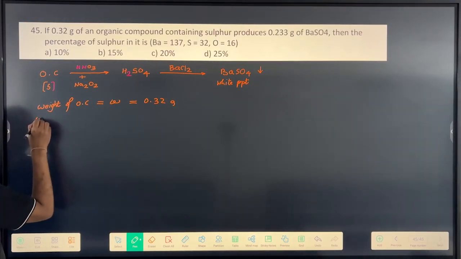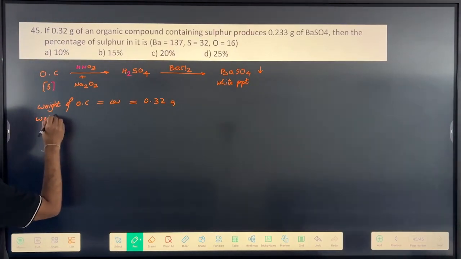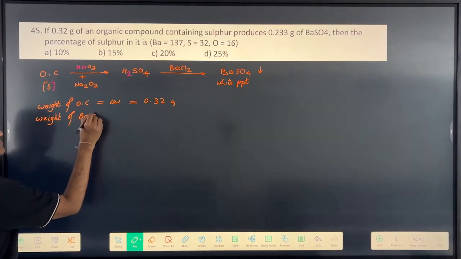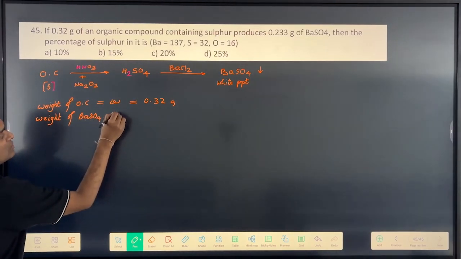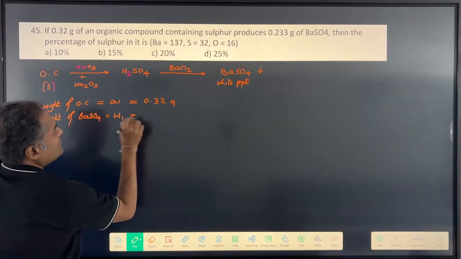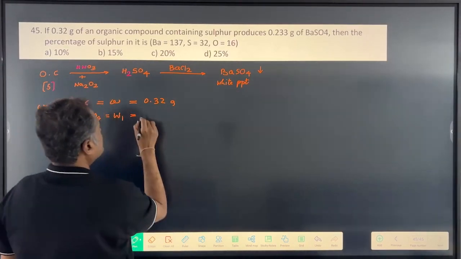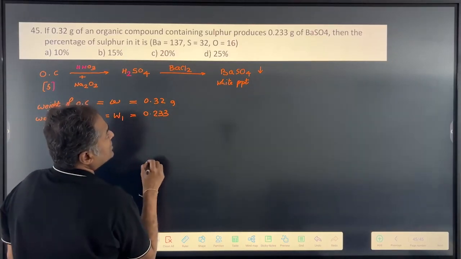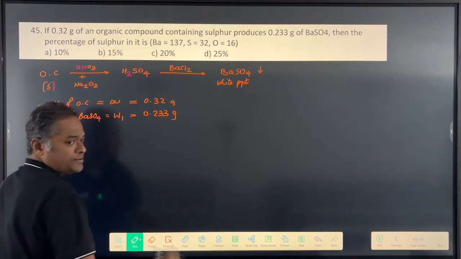Let's consider the weight of barium sulfate as W1, and the weight given to us is 0.233 grams, correct?